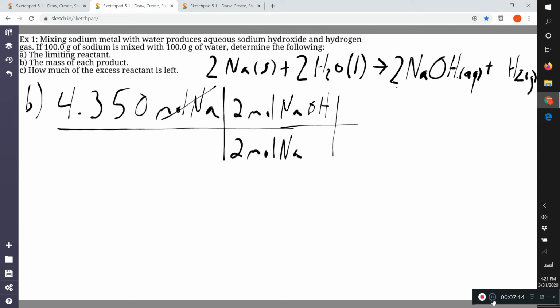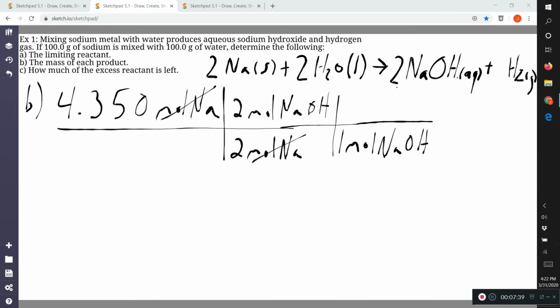Cancel here and here. Now, we don't want moles of sodium hydroxide, we want grams. So we have to use our periodic table and determine how many grams 1 mole of sodium hydroxide is. So that's as simple as adding 1 sodium to 1 oxygen to 1 hydrogen.